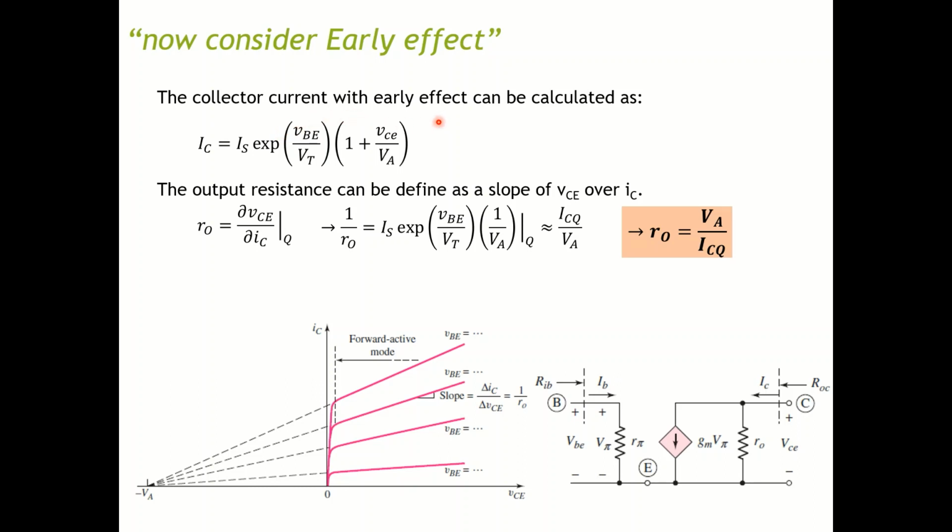Another parameter is VA, which is the early voltage, and this voltage often varies between 50 to 300 volts on silicon-based devices. The RO is called the small signal transistor output resistance. This resistance can be thought of as an equivalent Norton resistance, which means the RO is in parallel with the dependent current source.